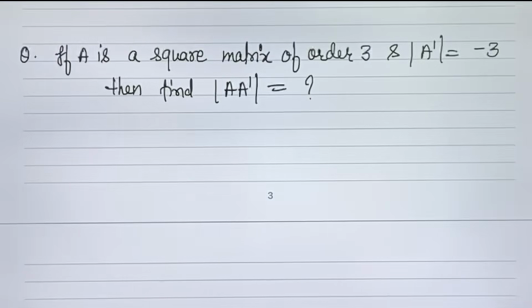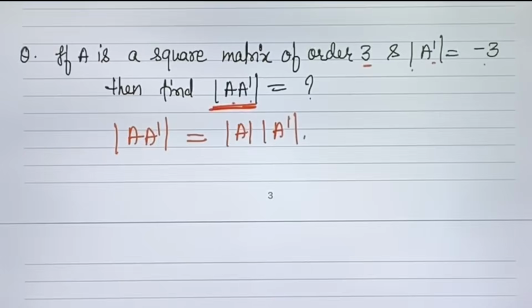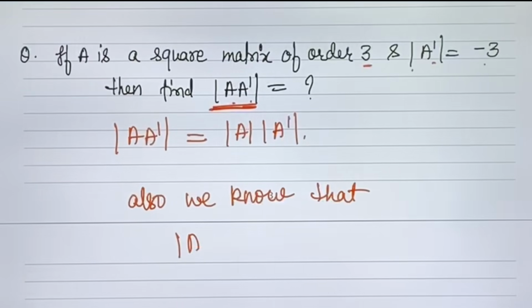If A is a square matrix of order 3 and det of A transpose is equal to minus 3, you need to find out det of A into A transpose. I know that det of A into A transpose will also be equal to det of A into det of A transpose, and also we know that det of A and det of A transpose are equal.